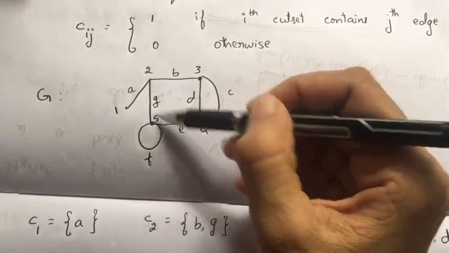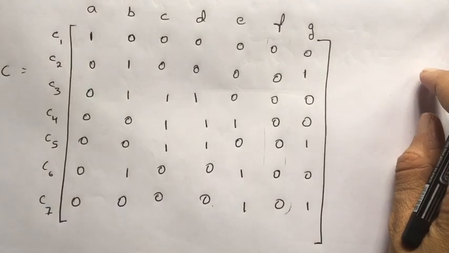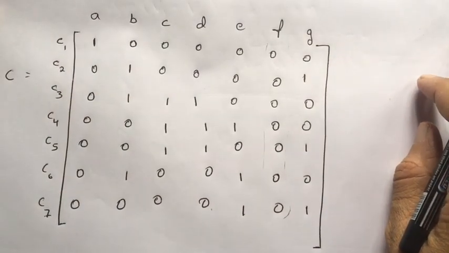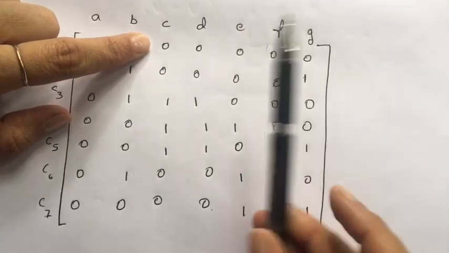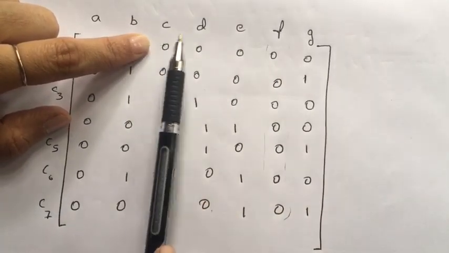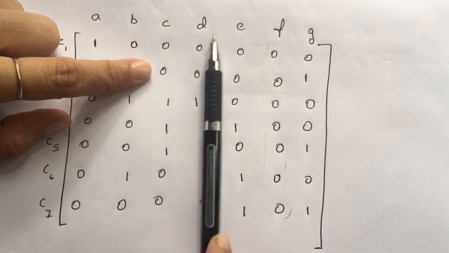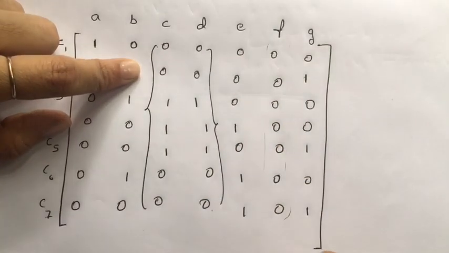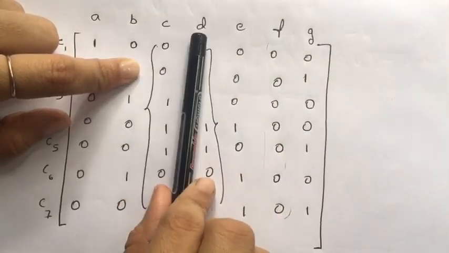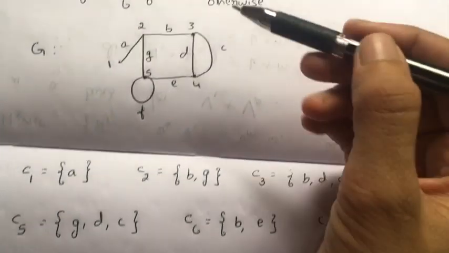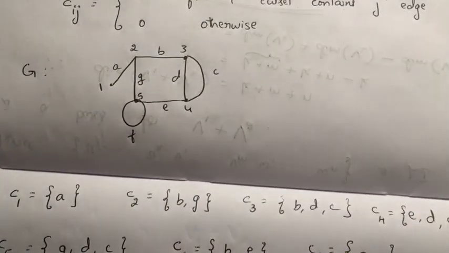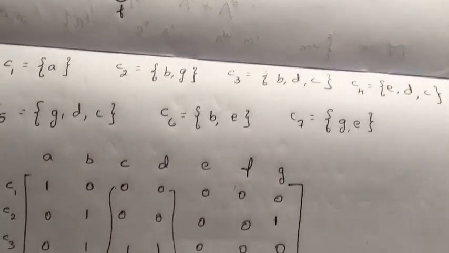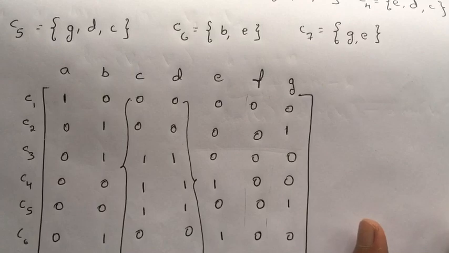F here, you can see in my graph, is a self loop. If you find any columns which are identical, then they are parallel edges. Column C and column D are identical, therefore C and D are parallel edges. These are the basic observations when you look at the cutset matrix.